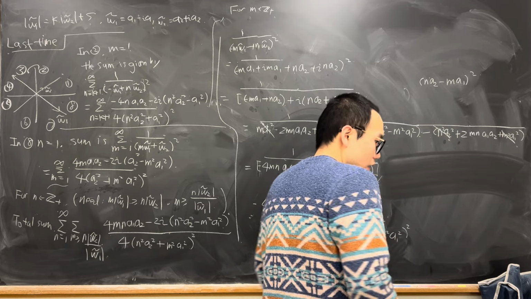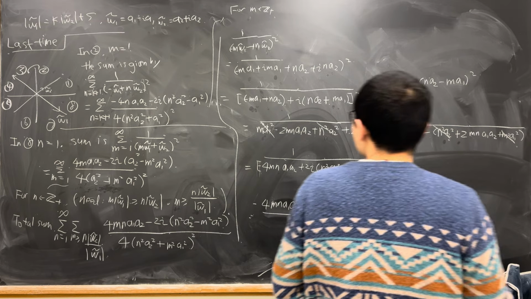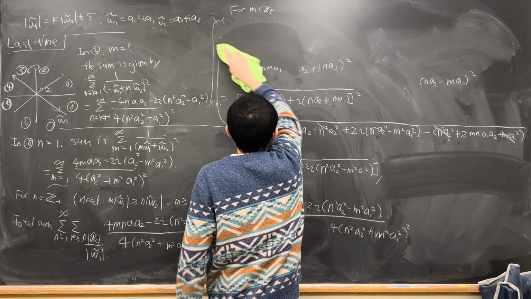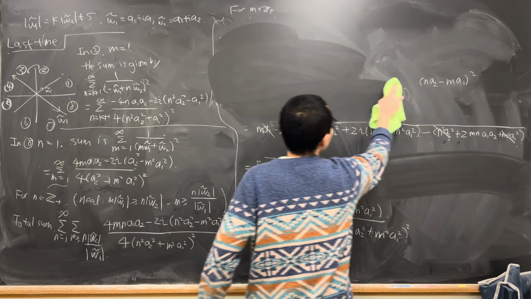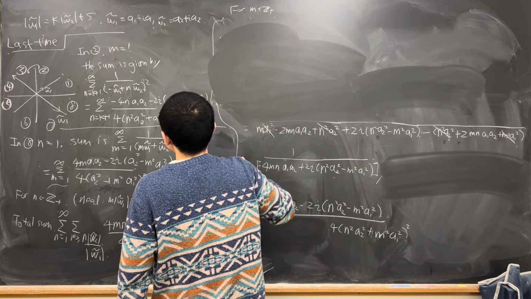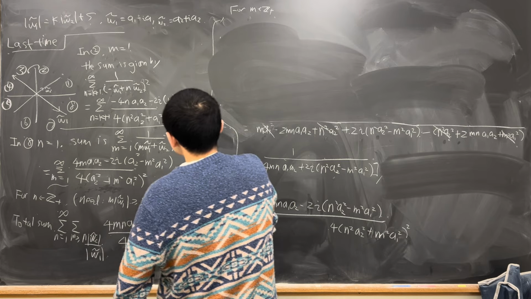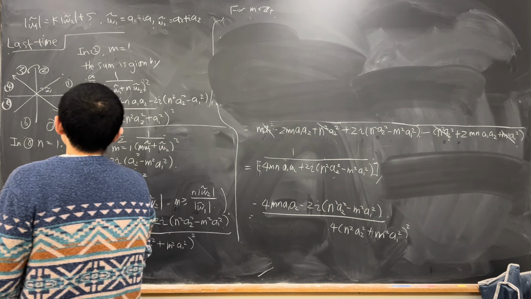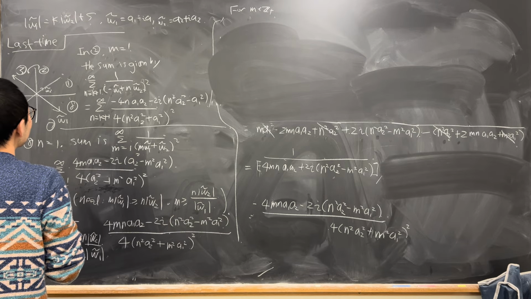So, okay. So for m equal to z plus, okay. Another question is where does this n stop, right?